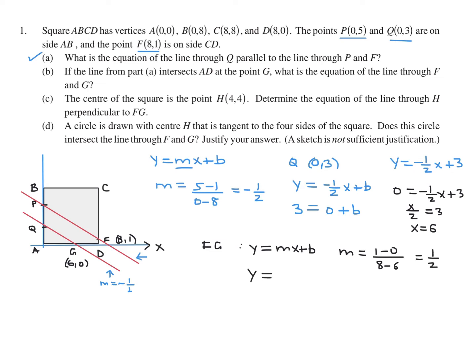So y = 1/2 x + b. Substitute either of those points to figure out b. If I use F, 1 = 1/2 times 8 + b, so 1 = 4 + b, and b is negative 3. Therefore, the equation of FG is y = 1/2 x - 3.